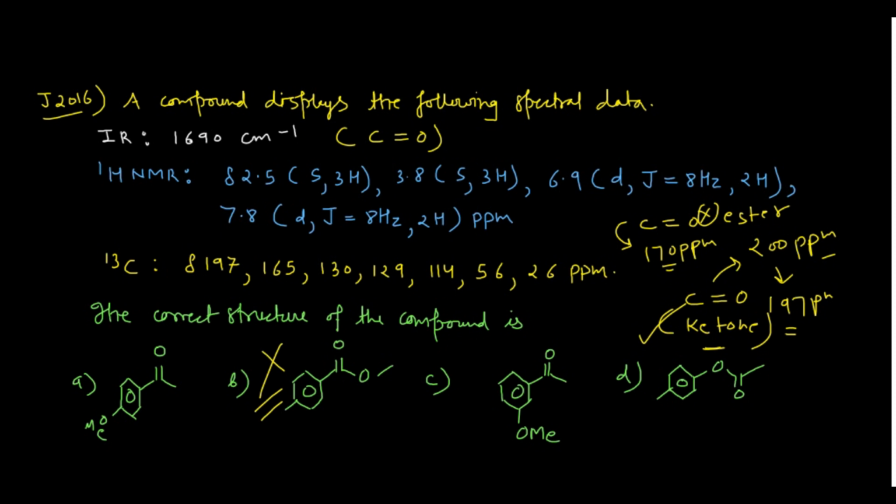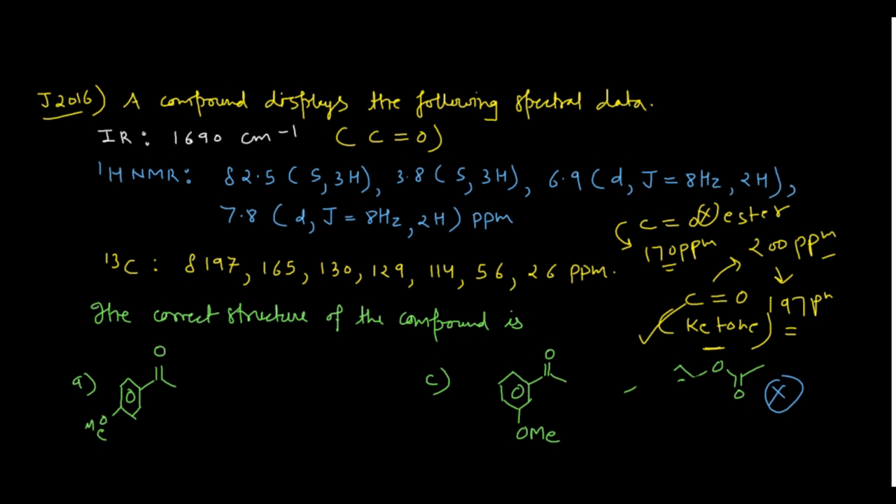And again the third option, yes, this could be your answer because this is a ketone. And after that, this is the ester, so this cannot be your answer. This is a double bond, this is the ester moiety. So option D and option B, these two can be immediately discarded. When we are discarding these two options, I can remove them.